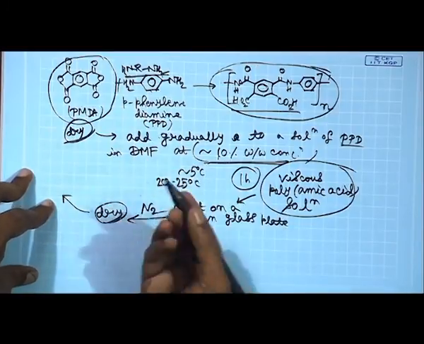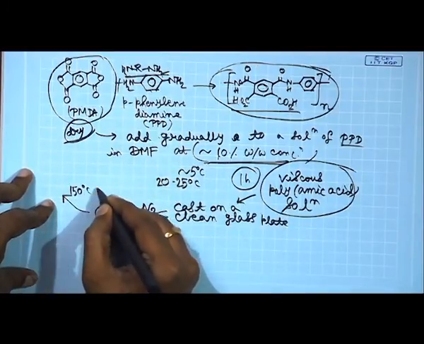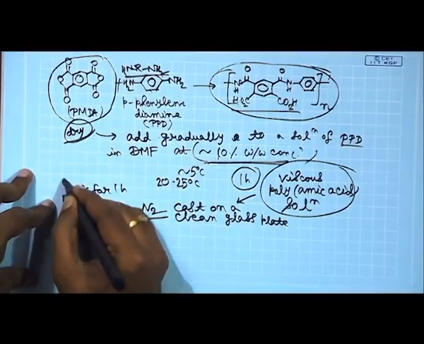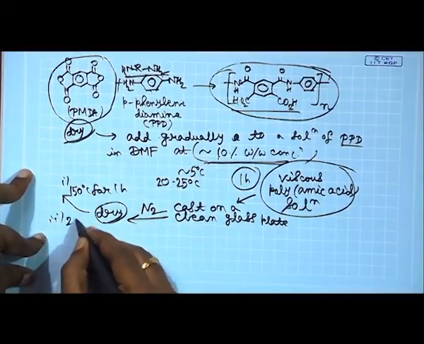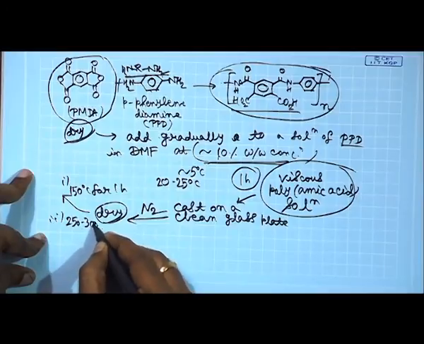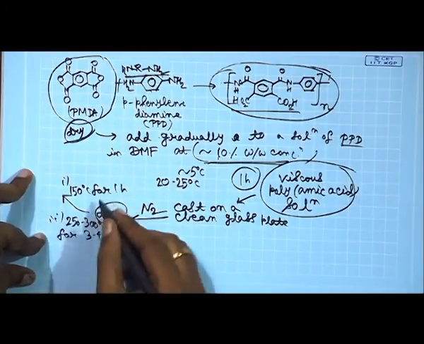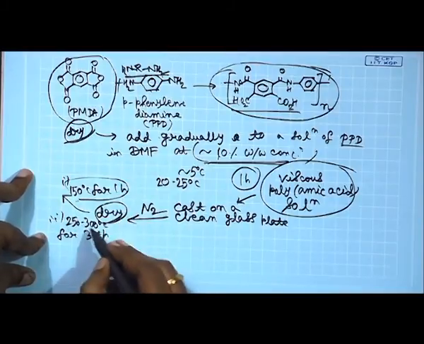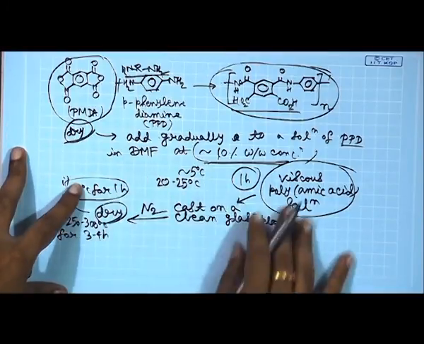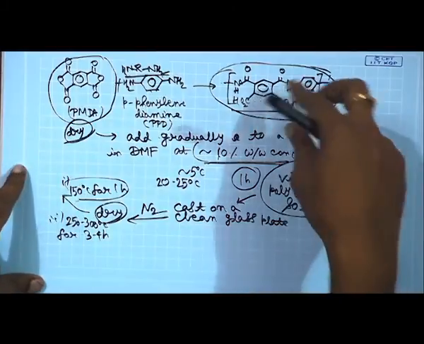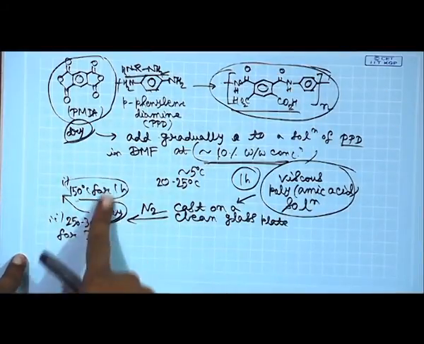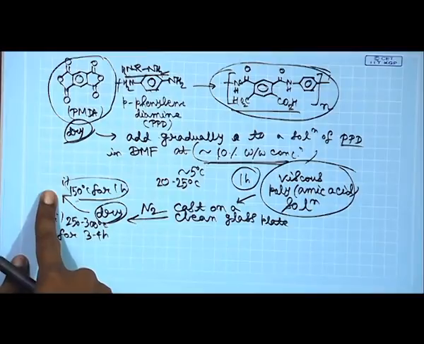Specifics are there, of course. Initially you heat at 150 degrees Celsius for 1 hour, and then you heat at 250 to 300 degrees Celsius for 3 to 4 hours. As far as I am concerned, remembering these specific things is not important. What is important is the whole process. So, you see here it will cyclize and it will form the polyimide.